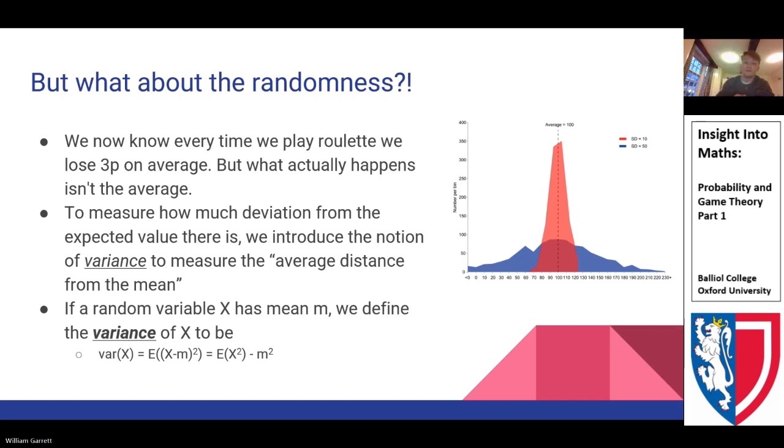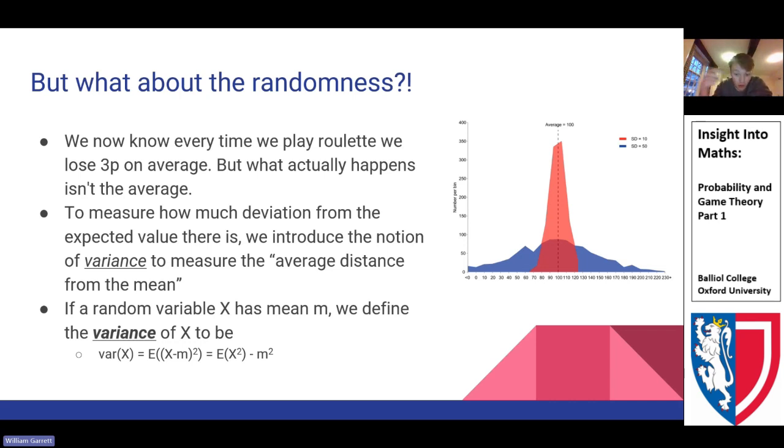Okay, so you can see in this slide, I've got a picture of 2 different distributions of numbers. One of them is quite narrow and quite tall because all of the values are coming very close to that average value. And then we have a fatter one where the values are more spread out. So we would like to measure how much variance, or how much fluctuation, there is in the value that we observe.